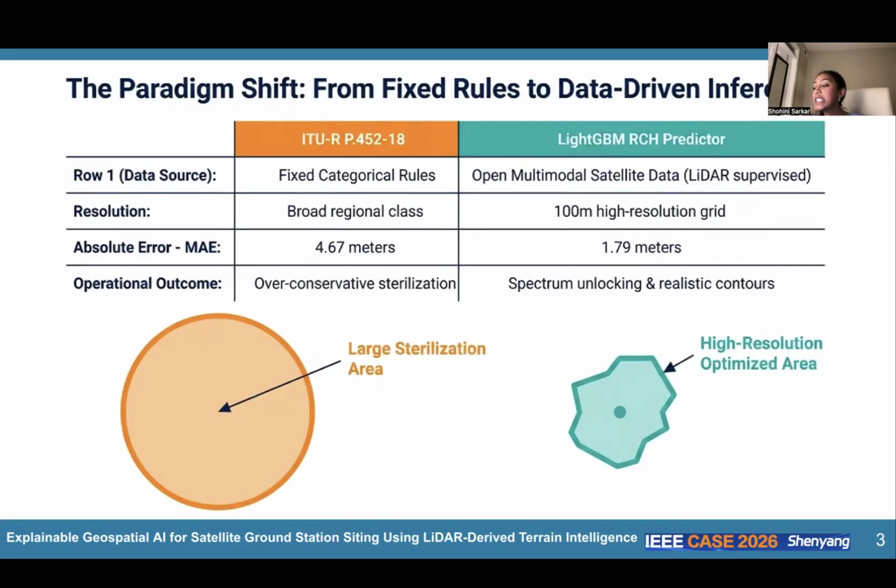This gives a much more detailed view of the local environment. In our results, the mean absolute error drops from 4.67 meters to 1.79 meters. So instead of using one large conservative area, we can create a more realistic high-resolution estimate. Operationally, that means better site screening and more realistic coordination boundaries.